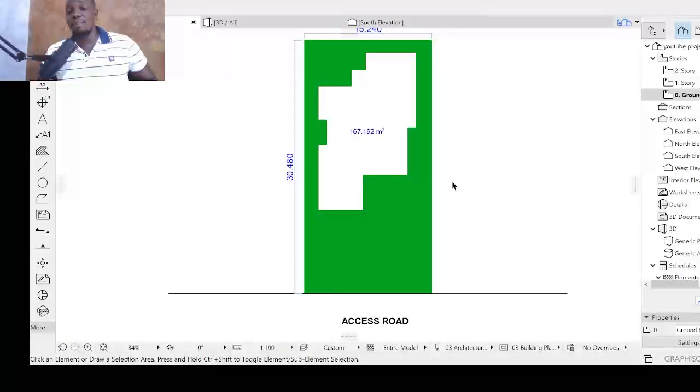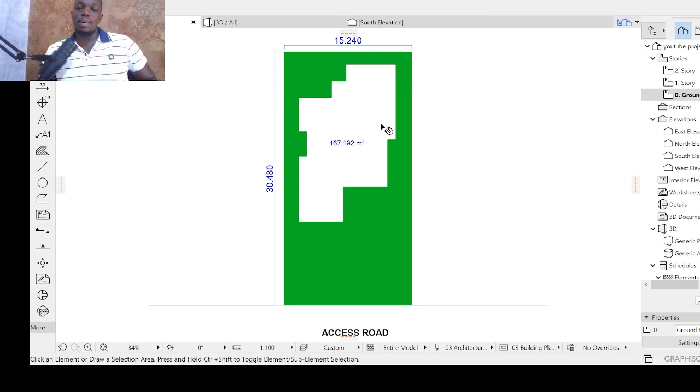That is a very, very important regulation. When you look at my plot here, the way I have subdivided it, I have space in front that I'm planning for green. At least you need a small compound, even if it is a plot of 100 by 50, where you can plant some grass, some trees, flowers if you don't want trees, or even a few fruits, in order to conserve the environment.